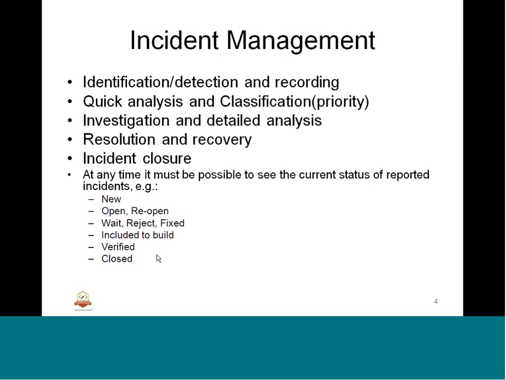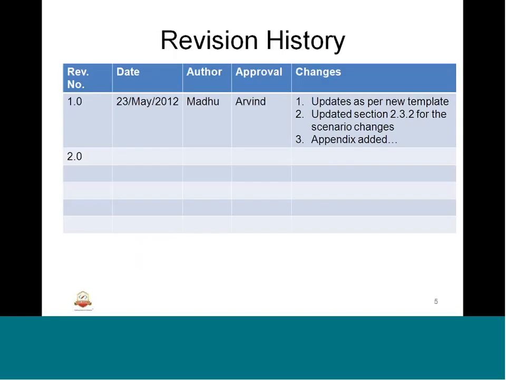Every revision that we release or deliver as an artifact should identify a clear history of what is going on in that particular configuration item. So every configuration item is mandatorily supposed to have this: the revision number, the date it was revised, the author, the reviewer or approver, and the changes that particular revision has undergone.